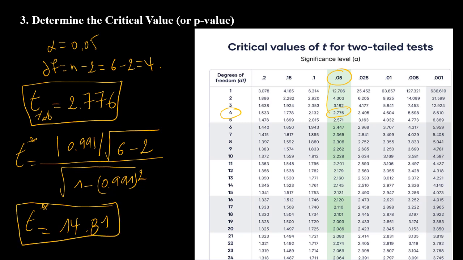Let's move now to the last step, which is to make a decision. We have here our calculated t is 1481 and the t of the table, the critical value, is equal to 2.776.